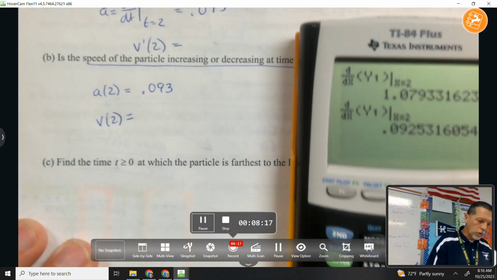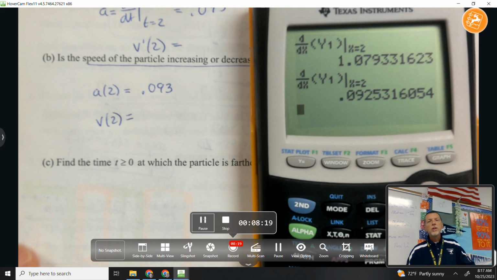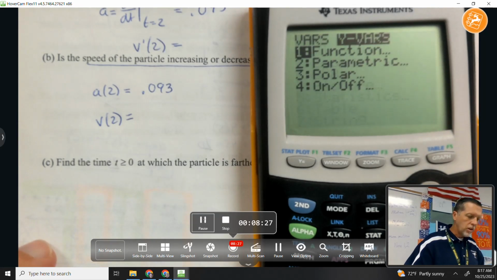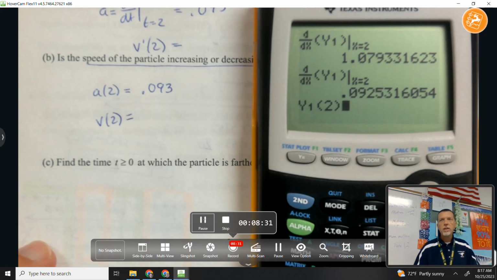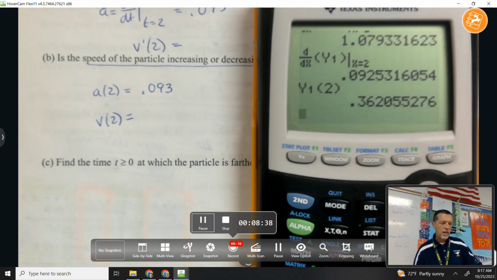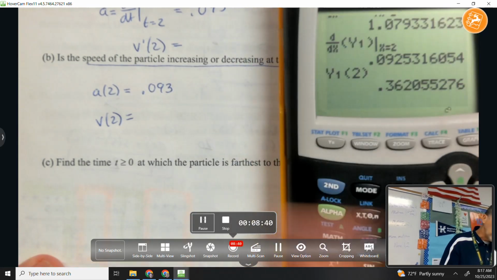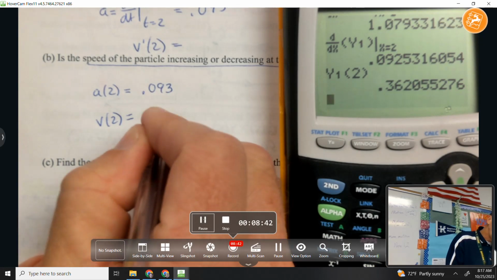Plug in 2 to y1. Your calculator understands function notation. So you can do the table if you want, you can do the graph if you want, but you can also just do y1 at 2. Again, your calculator understands function notation, so you can use that. And V of 2 is 0.362.